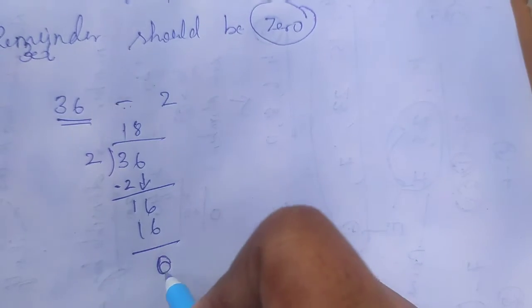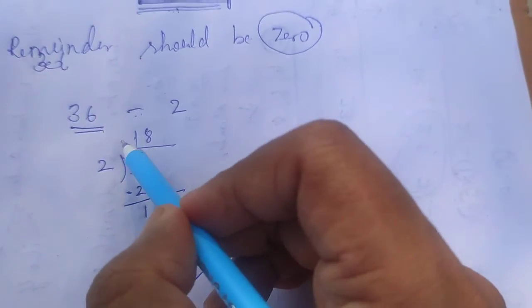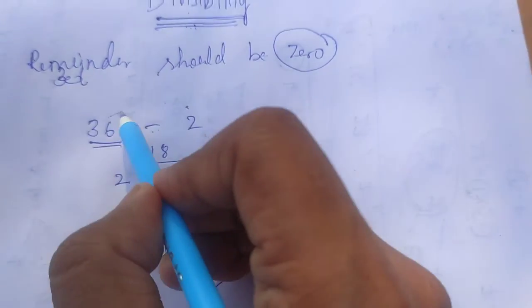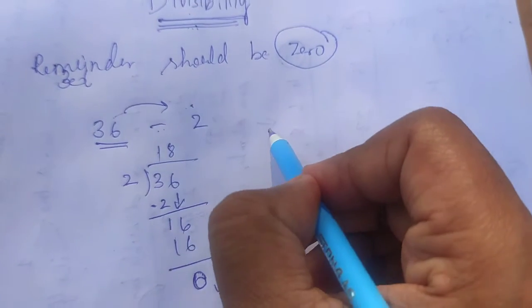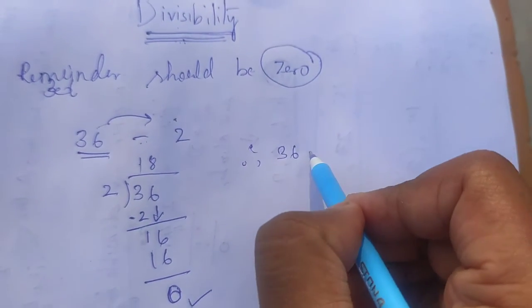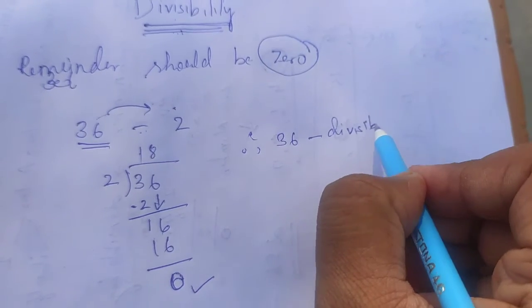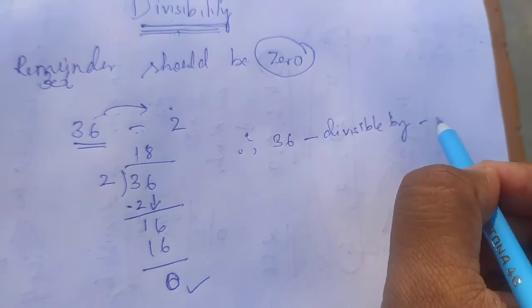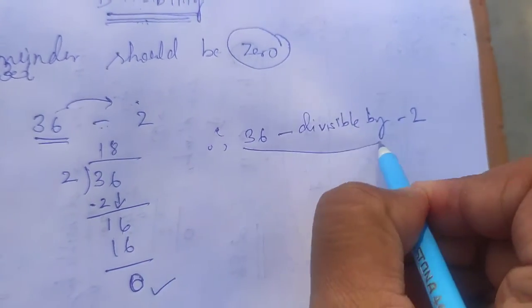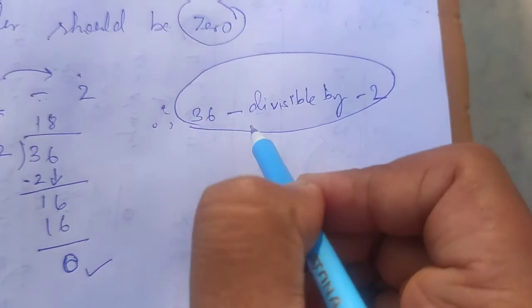So we have got a remainder 0. So we can say that 36 is divisible by 2.